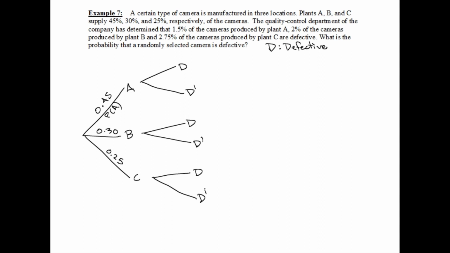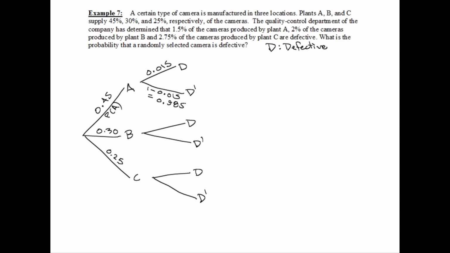Okay, so 1.5% of the cameras produced by plant A are defective. So that means 0.015. So how many are non-defective? You would take 1 minus 0.015, which is 0.985.